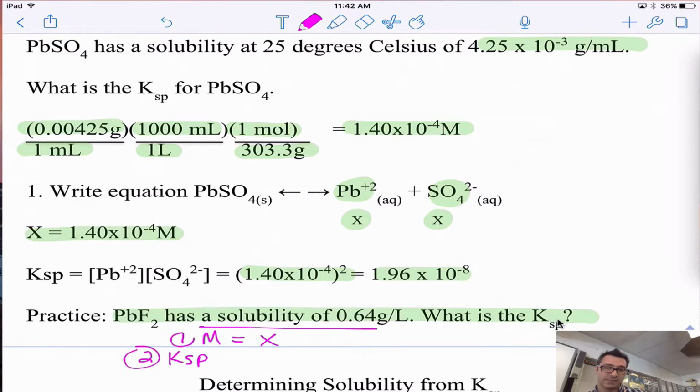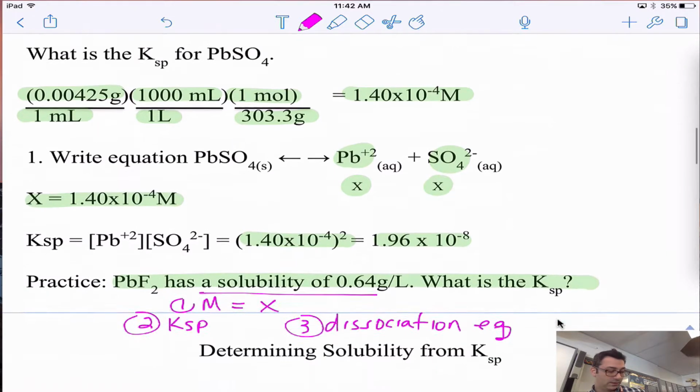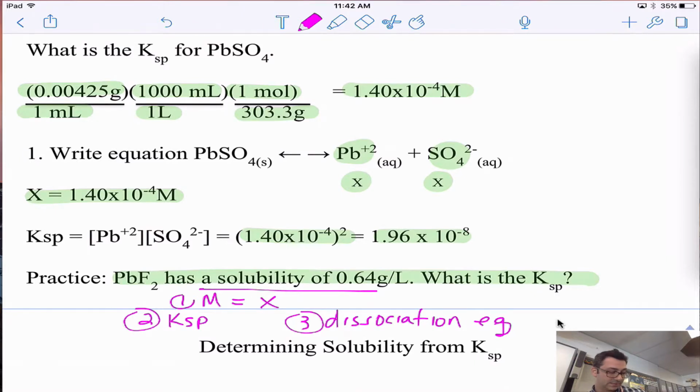Once you write the Ksp for this particular salt, then show the dissociation equation too. You might even want to do that first. So write the dissociation equation, then the Ksp. And then you can plug in the values. So then plug in values.